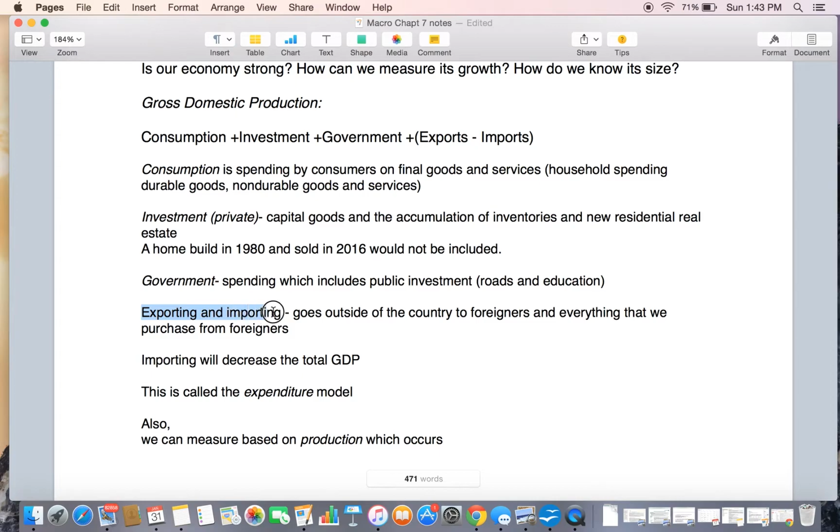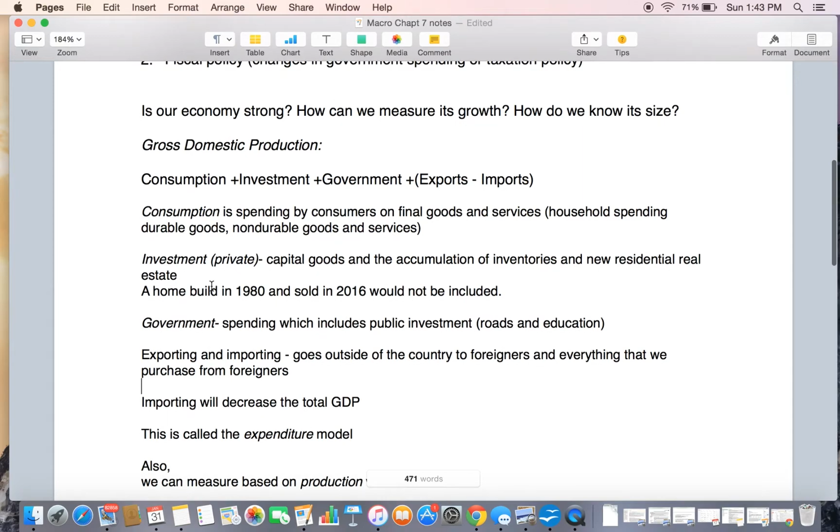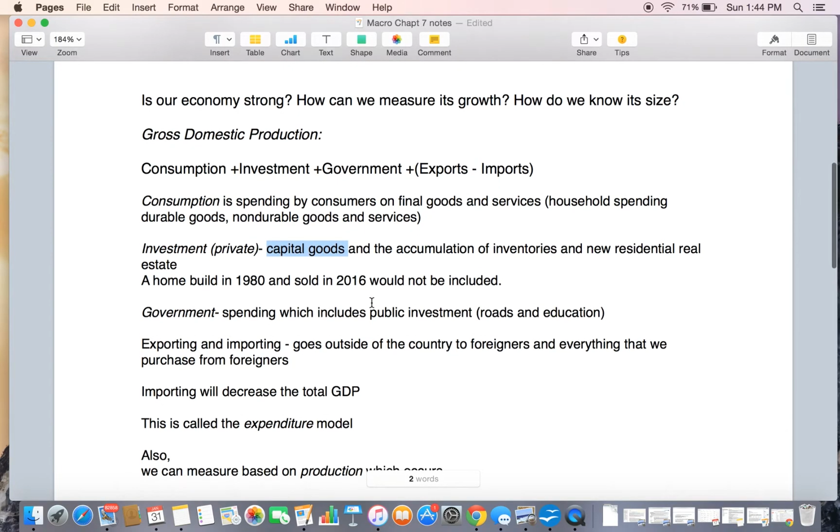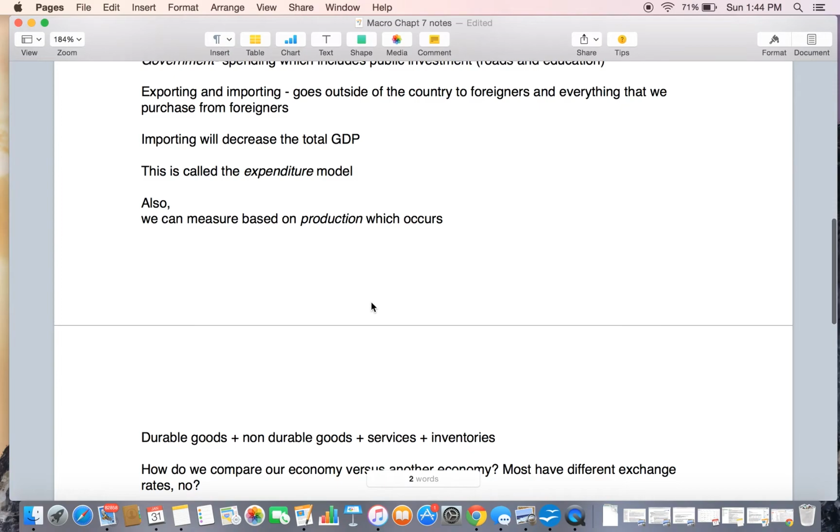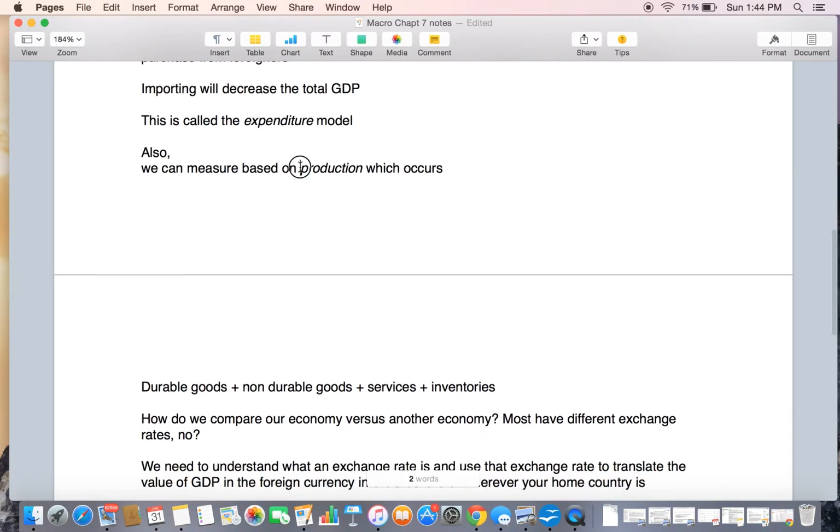You would know it's not exporting or importing because I haven't defined any sort of transactions that are occurring between our country and another country, or another country buying our goods or services. So automatically you would say that if a company was building a factory, we would consider that private investment in capital goods.